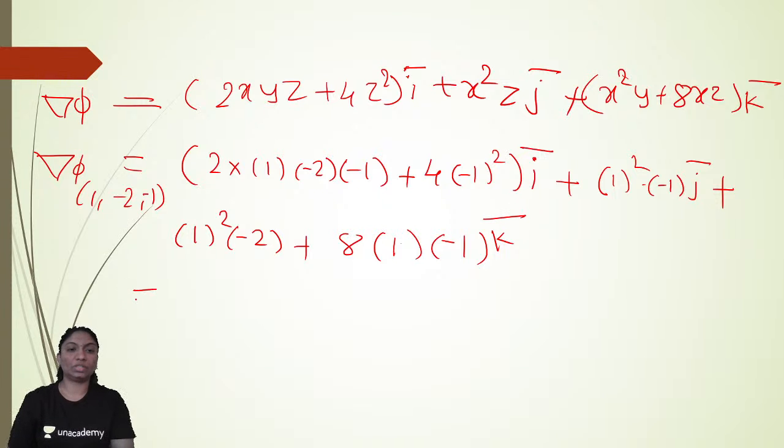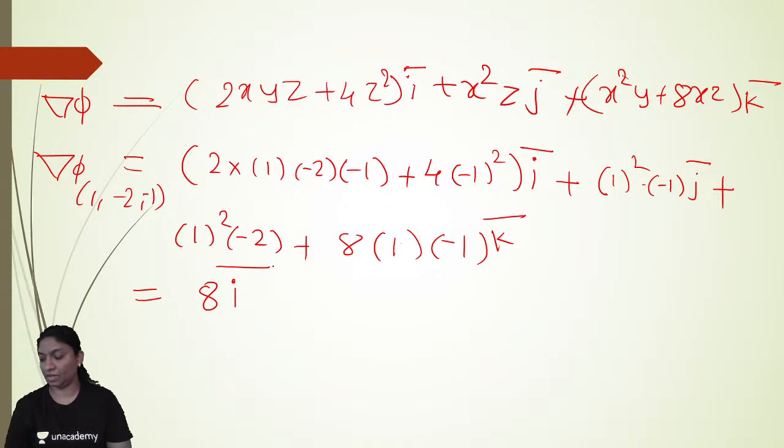So which is equal to minus 2 minus 2, that is minus 4, plus 4 is 8 i bar. Here you will get 8 i bar minus here 1 square into minus 2 is minus 2 j bar, plus 8 into minus 1, so minus 8 k bar.